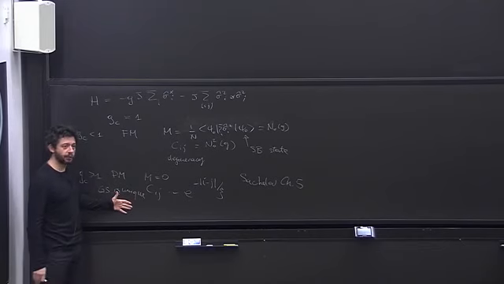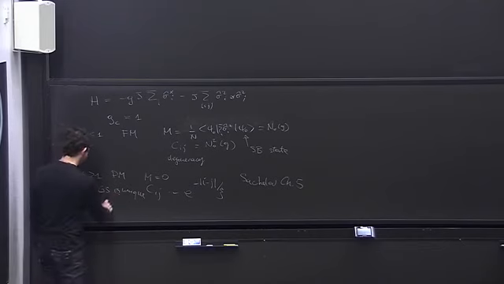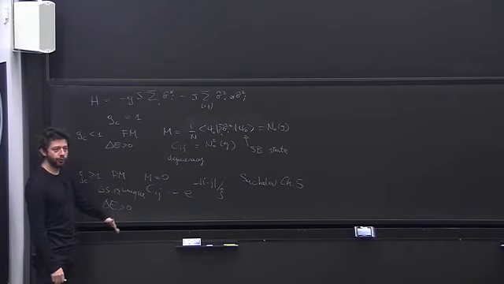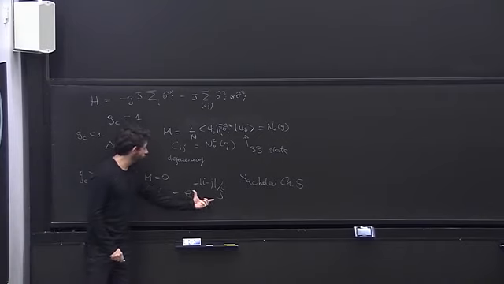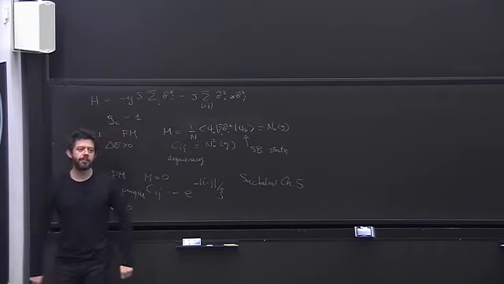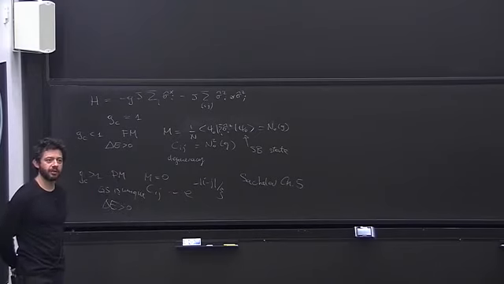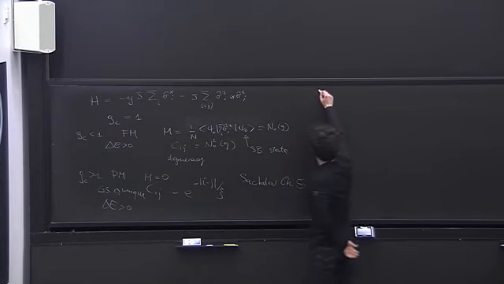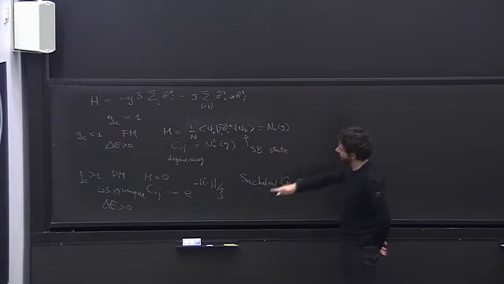If you have a unique ground state and a gap above the ground state, so away from the critical point, the system is gapped. In the paramagnetic phase, the ground state is also unique. Then connected correlation functions are bound to decay exponentially. So this is a very important fact.